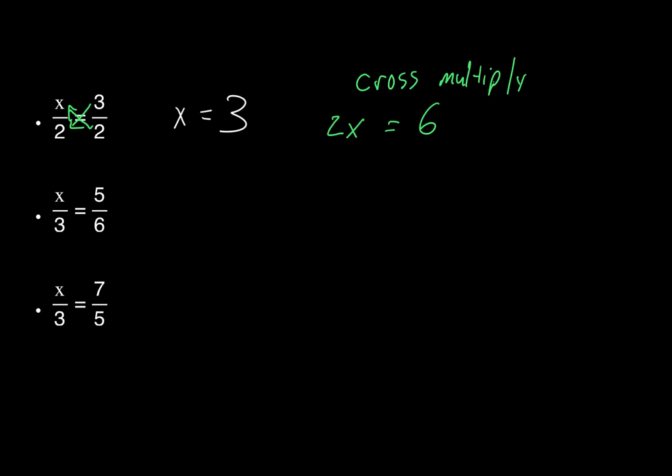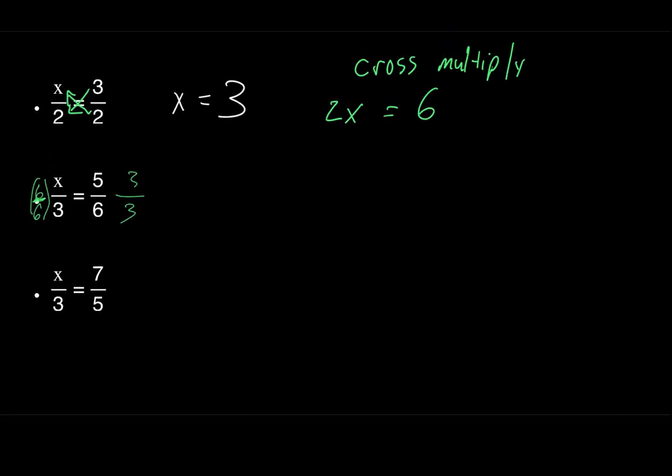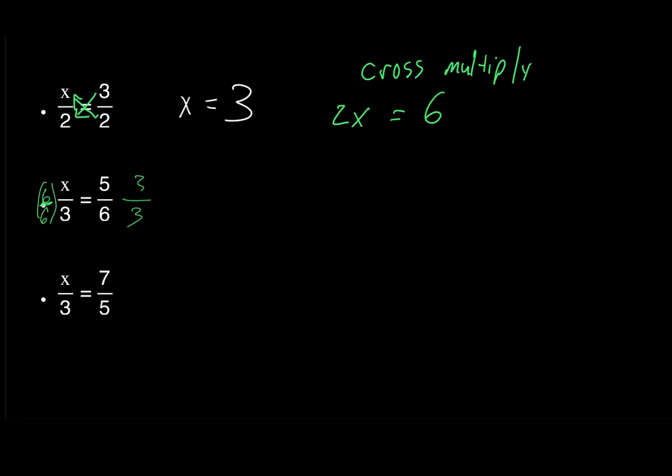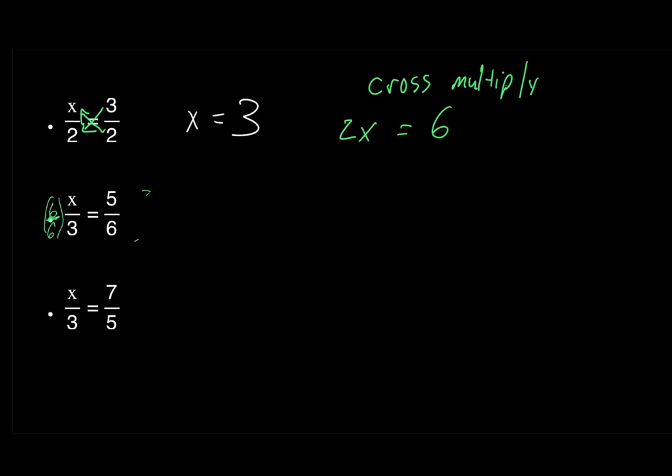Using that same idea, if we take what we did on the last slide, if I do it here, multiply this by 6 over 6, multiply this side by 3 over 3, I get a common denominator of 18. I wouldn't have to use that large of a number, though. I could multiply just the left side by 2 over 2, then I'll have 2x over 6 equaling 5 over 6.